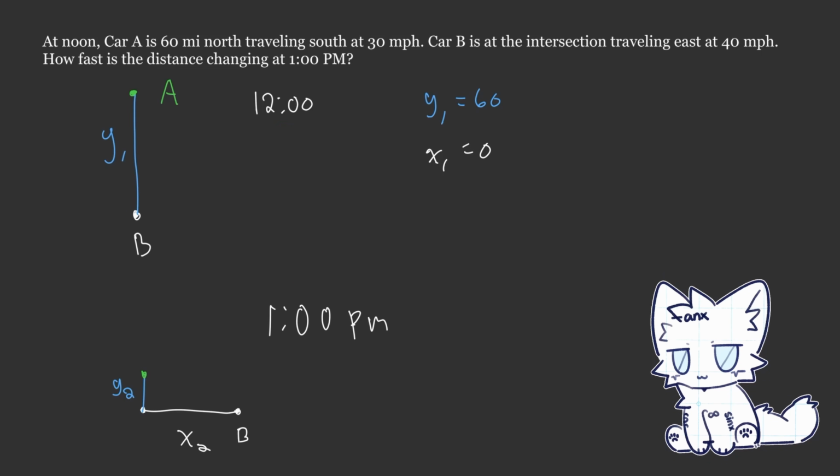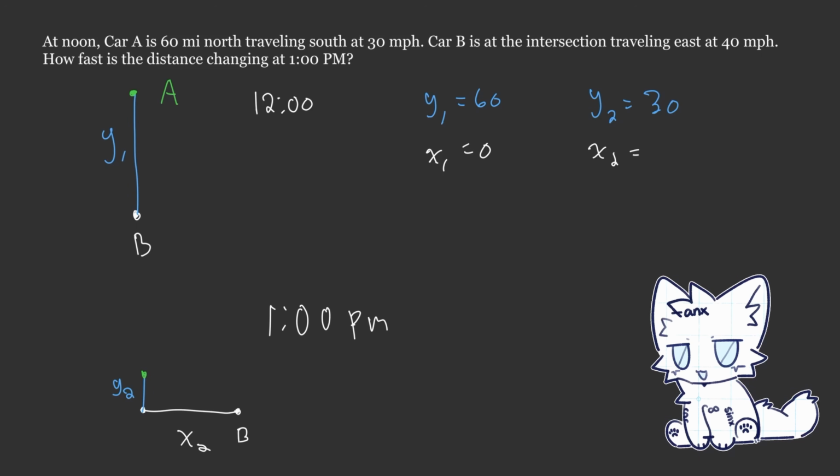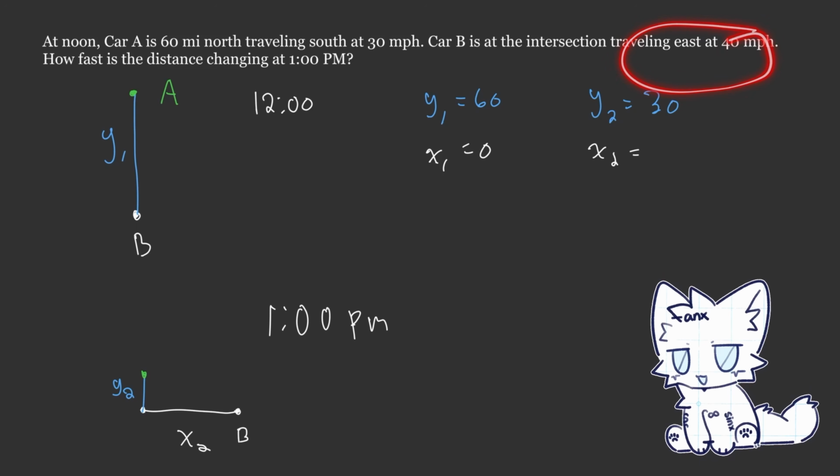So now, y2 is equal to 30 miles away from the origin, right? And x2 is now, because it's traveling east at 40 miles per hour, after 1 hour, it travels 40 miles to the right. So that is 40 miles.